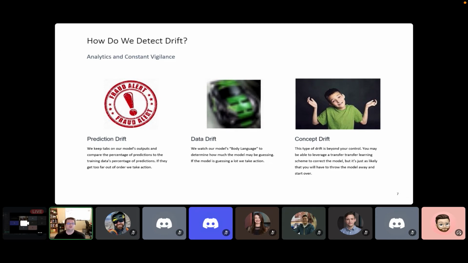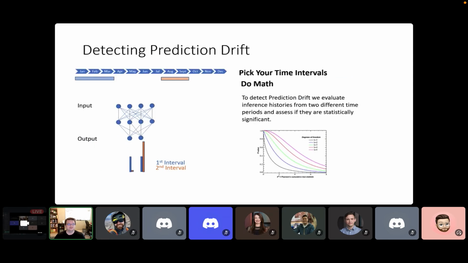Okay. So the way that we go about performing these detections for prediction drift, for example, is that we get 2 time periods. We'll say January through March, and the second we'll call August through September of, say, last year, right? And then we will take the data that was pushed through our model during those 2 independent time intervals through our machine learning model to generate the outputs.